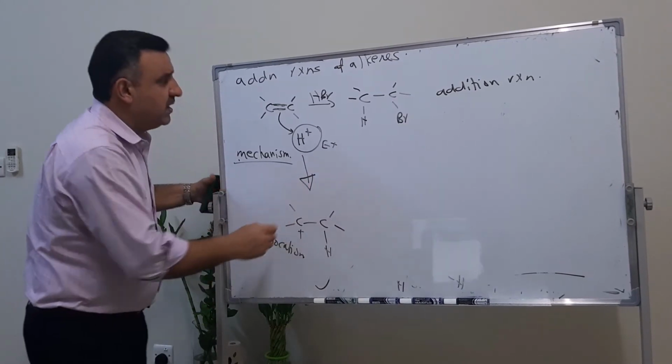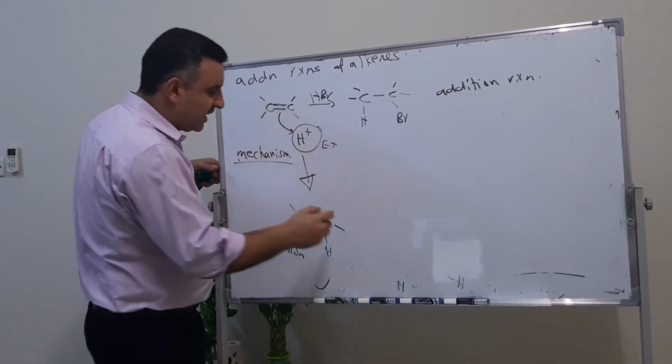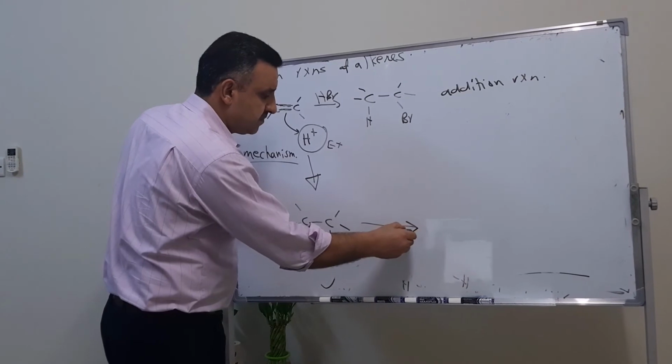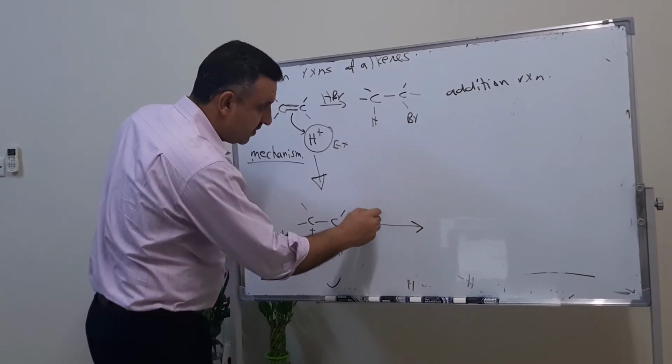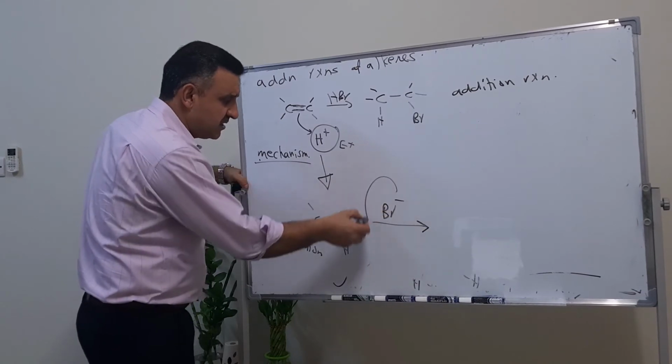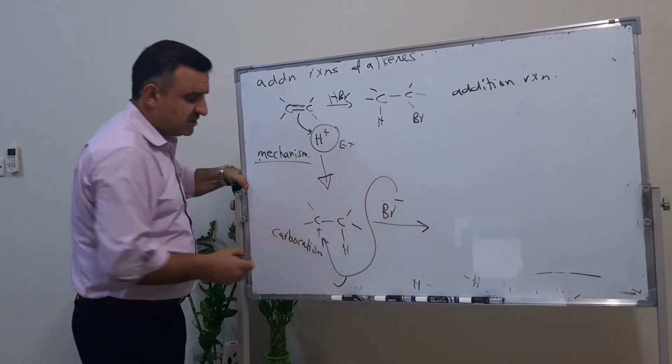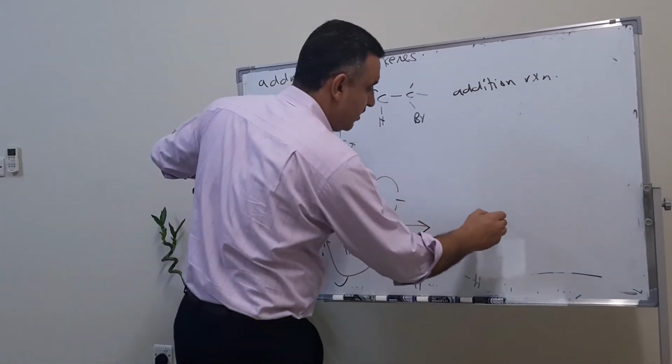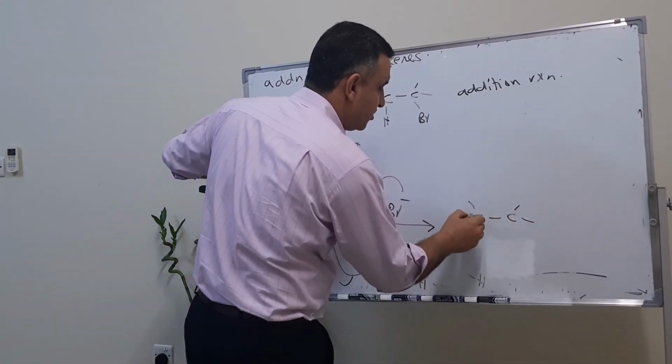So this will be the slow step. The second step then: we have the Br minus inside the solution, very obvious, and the Br minus will attack the plus, and then we will get the addition product.